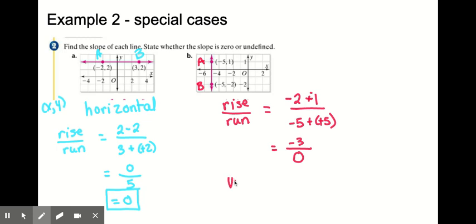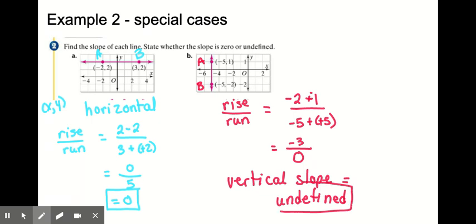A vertical line is called undefined. It's not possible mathematically to have 0 as a denominator. So we call the slope of a vertical line undefined. So these two things are really important to remember. Okay.